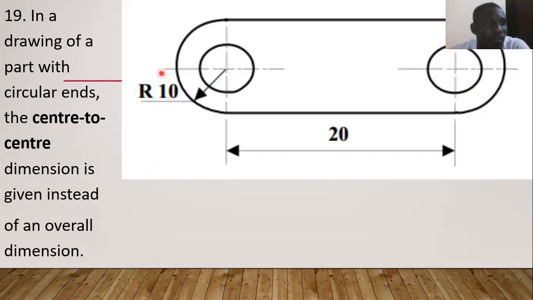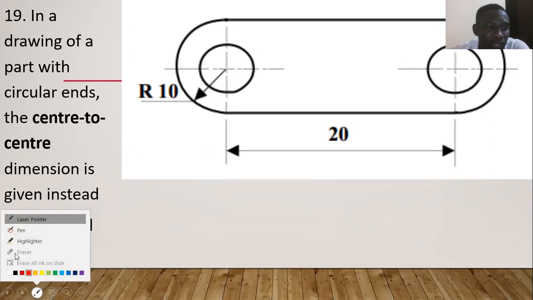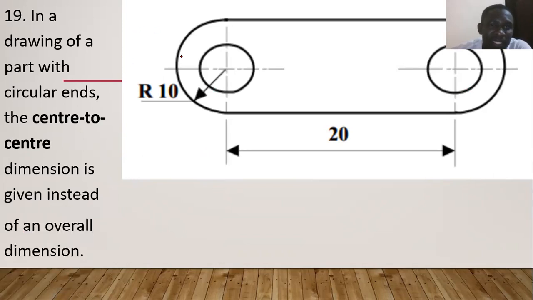19. In a drawing of a part with circular ends, center to center dimension is given instead of an overall dimension. What's an example of an overall dimension? It is the distance from here. Let me draw an extension line here. My extension line is supposed to touch the object.